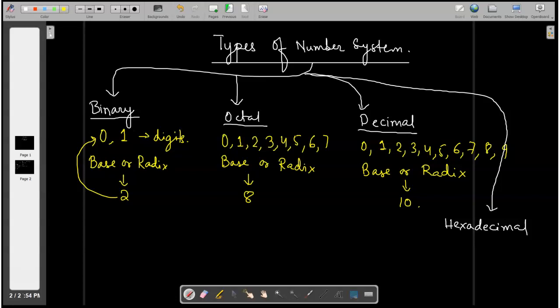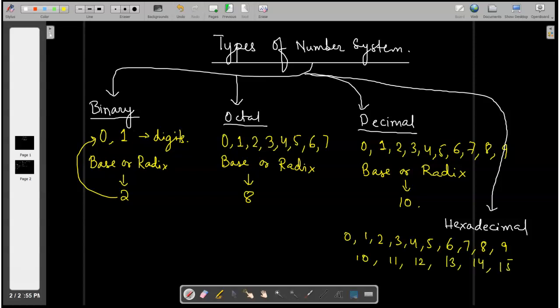Let us start from 0, 1, 2, 3, 4, 5, 6, 7, 8, 9, 10, 11, 12, 13, 14, 15.